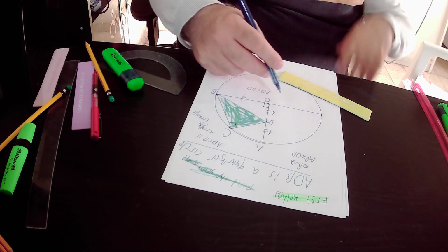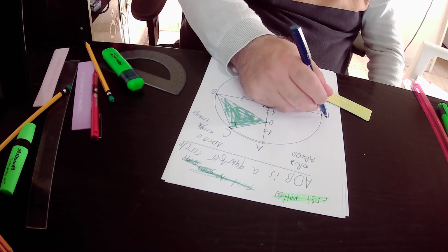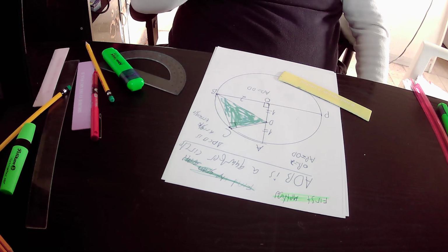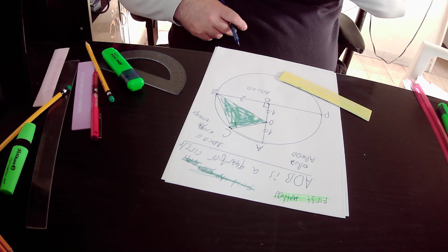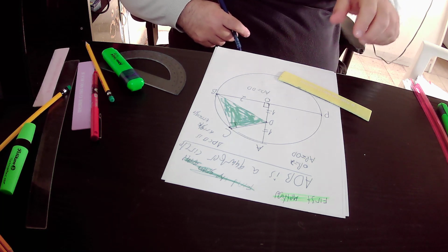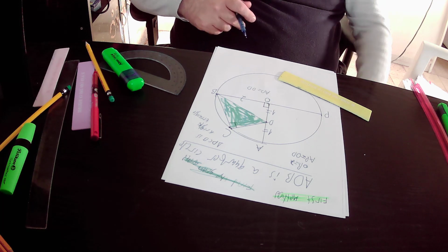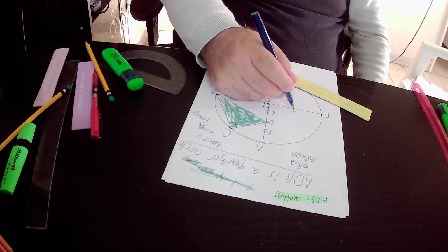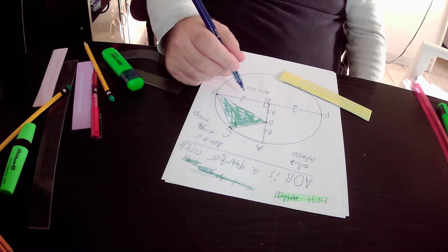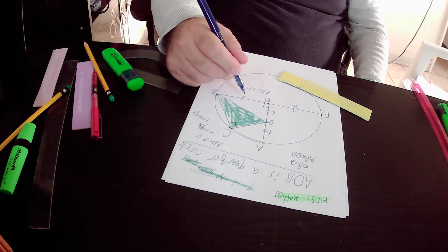We'll define the touching point of the extended BO and the circle as point P. Here point O is the center of the circle, point P is a point on the circle itself. So PO is the radius of the circle. That is to say, PO is the radius of this circle that is equal to 2 units, because the radius of the circle is the same as the radius of the quarter circle. They have the same radii.